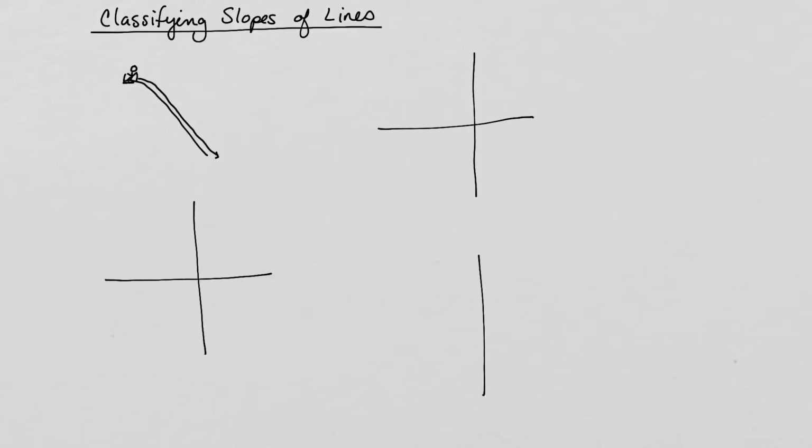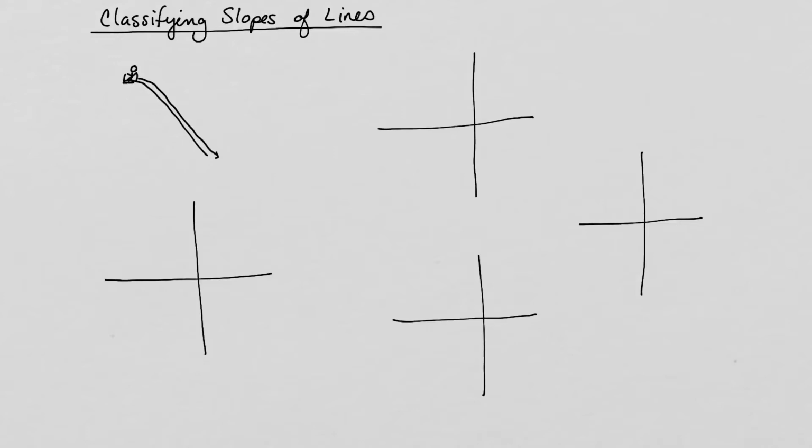So I'm going to draw a couple lines here. I'm going to first put X and Y axes here. Okay, and then I'm going to draw my line in a different color so it's a little easier to see.